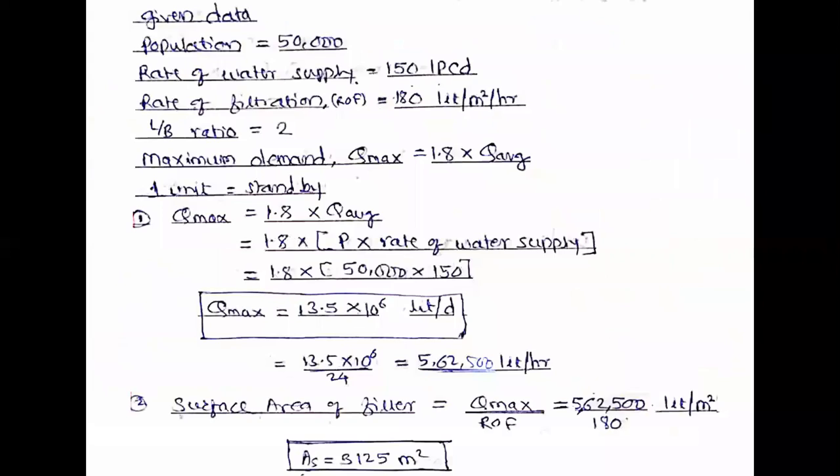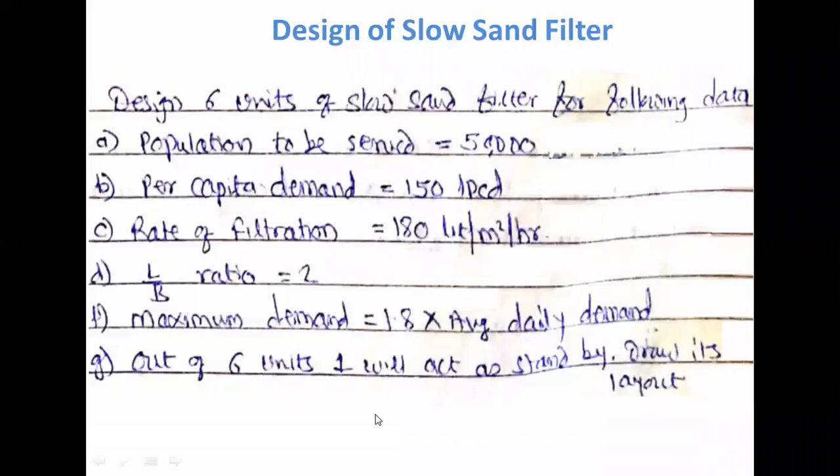Now here, this 1.8 is nothing but the peak factor. This is the average value, so we have to multiply this average value to get the maximum demand. Average demand we will get by multiplying the population by the per capita demand.